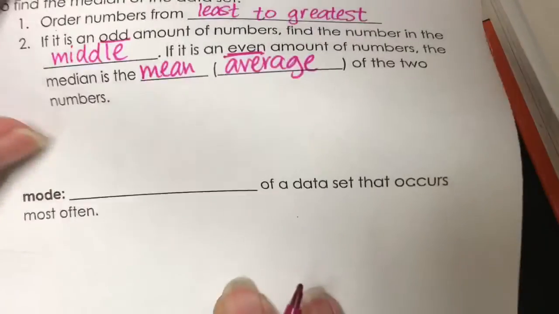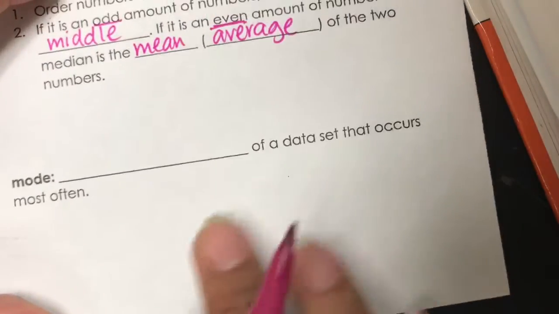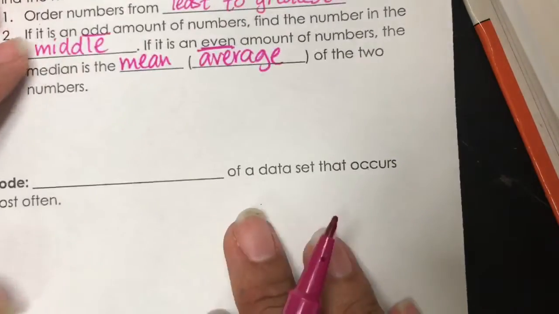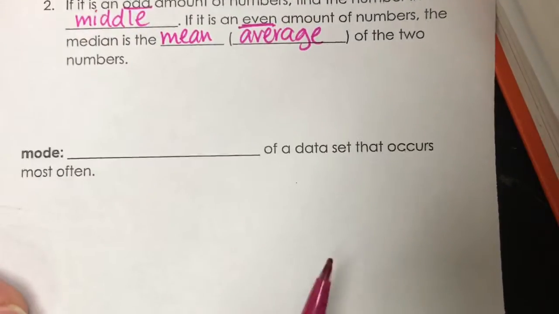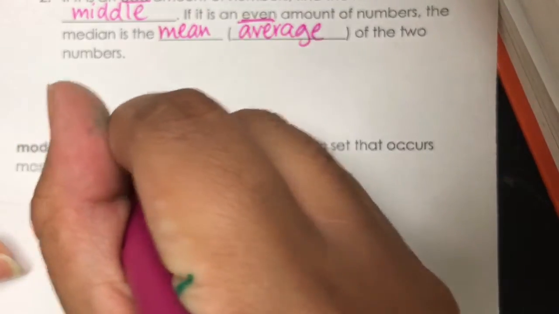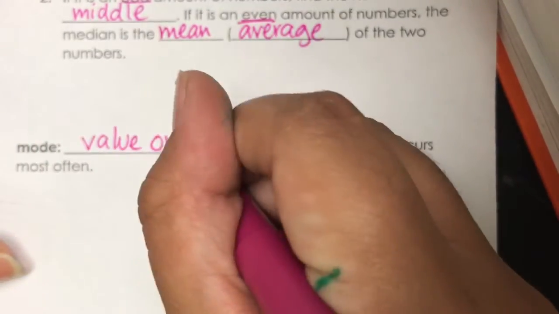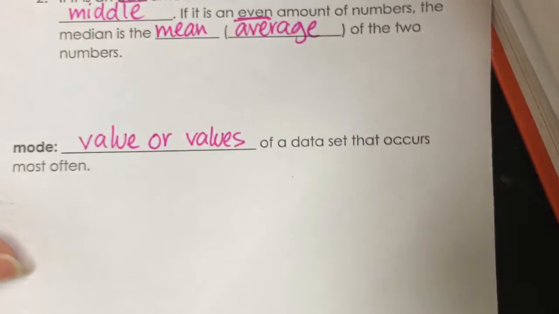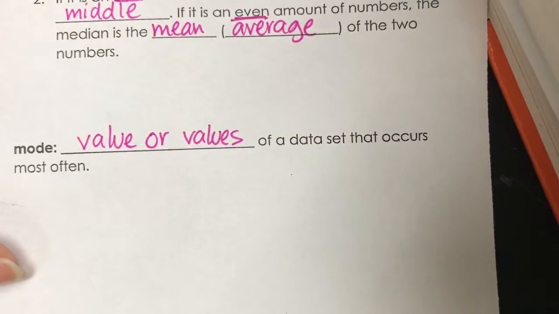Now, the mode is really easy. The mode is the value or values of a data set that occurs most often.